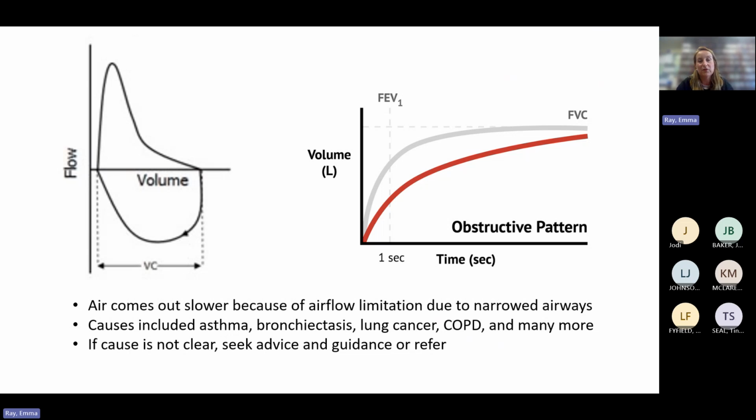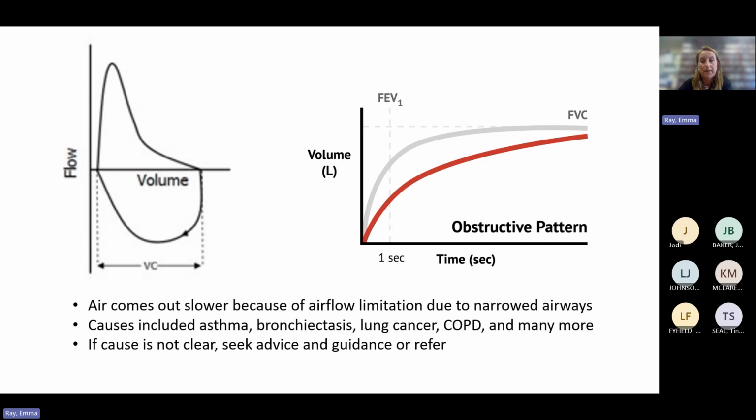So there's lots of different reasons for that, and not just asthma. And in children, potentially you're thinking it could be asthma with that history alongside the tests, but it also could be bronchiectasis and other things.